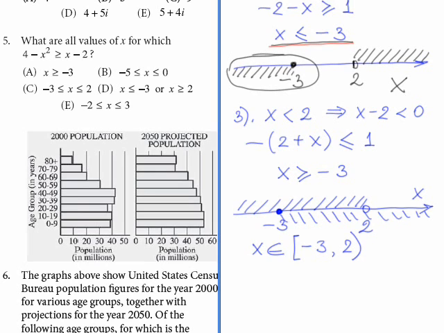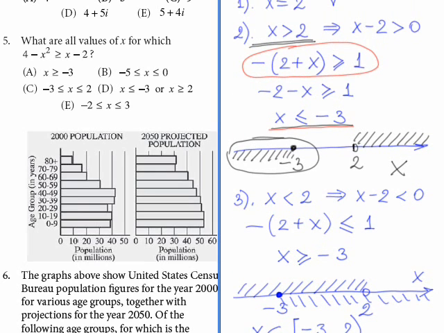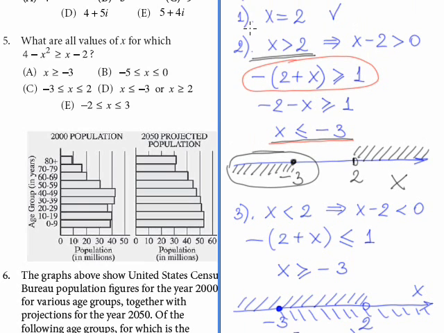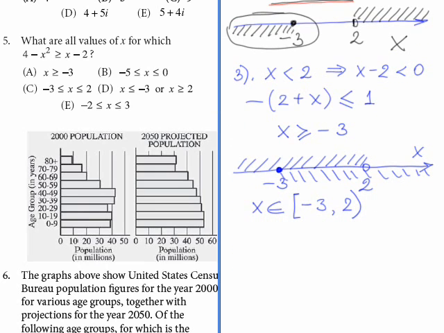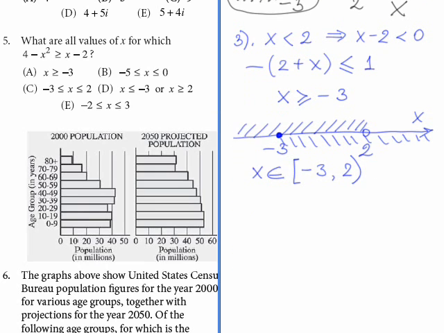But remember, in the first case, we obtained the solution x equal to 2. So when we write the whole solution for all values of x, we have to include 2. So x should be from this interval.